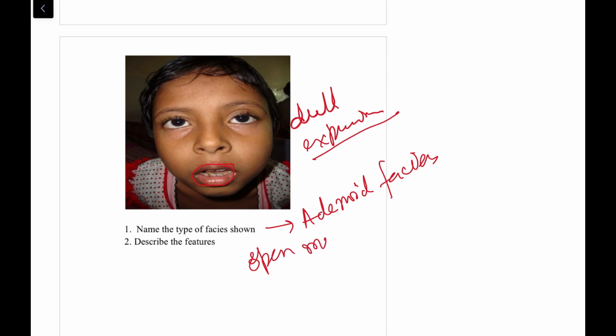The other important features like the high arched palate and the crowding of the teeth, upper incisors, obviously are not clearly visible in this picture, but since they are the features of adenoid facies, you have to mention them as well. And the nose, although it should be pinched up a bit, that is not very clear in this picture, and there is a little bit of atrophy of the alae nasi.